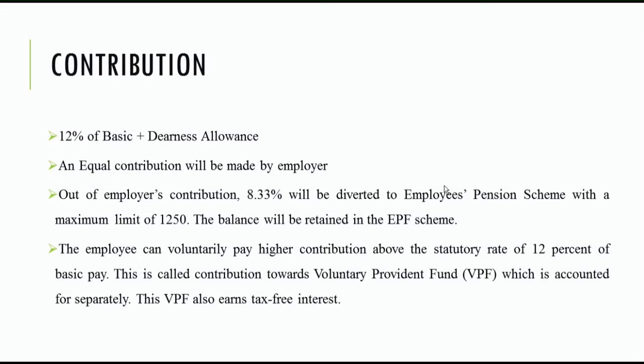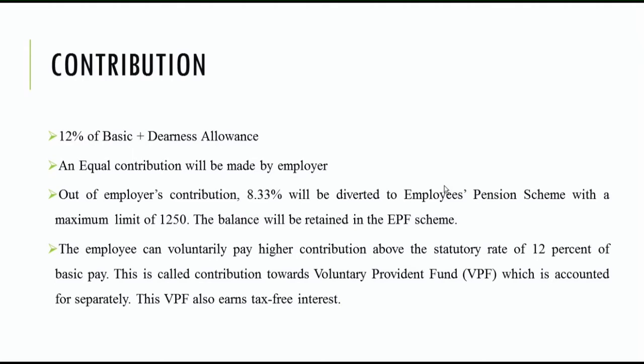Next we can talk about the contribution, how the employee and the employer contribute to this fund. Actually, 12% of the basic plus dearness allowance of an employee will go to the Provident Fund every month. An equal contribution will be made by the employer as well for that particular month.